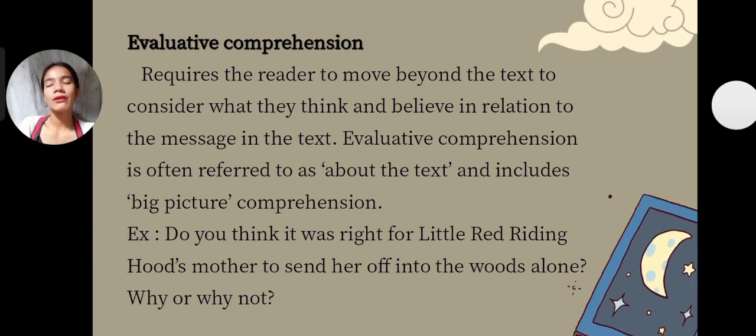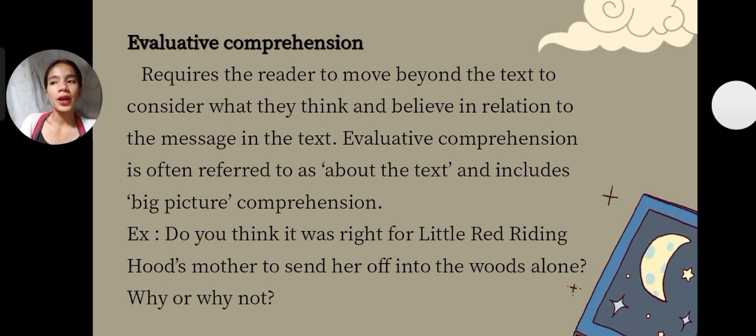So here in evaluative comprehension, this is the level. Literal comprehension is the basic level, and then the middle level, and here in evaluative comprehension, this is considered a complex level in which evaluative comprehension can be applied in literary analysis, in literary critics or criticism. Why?